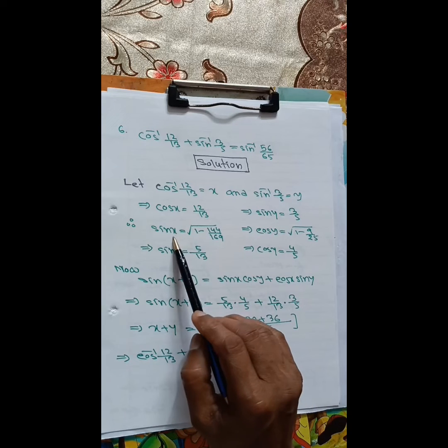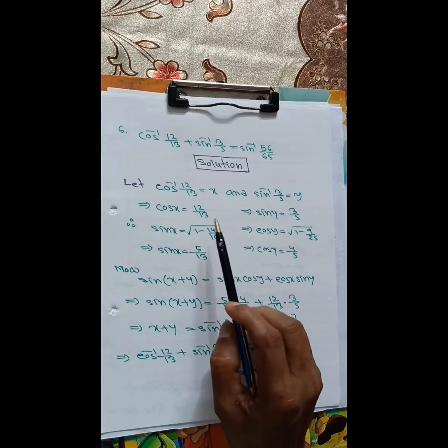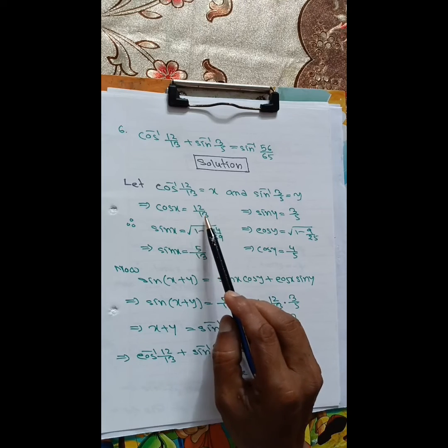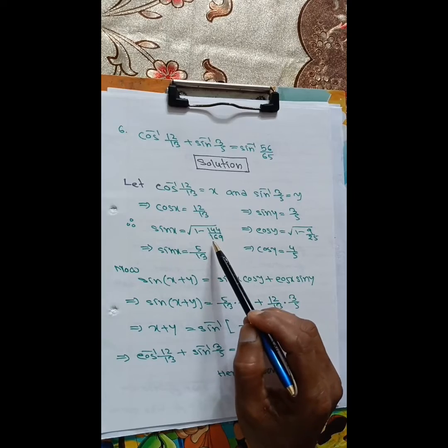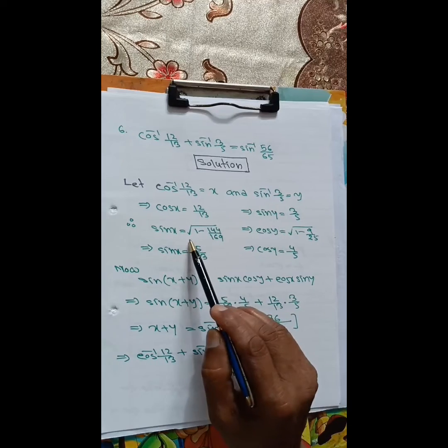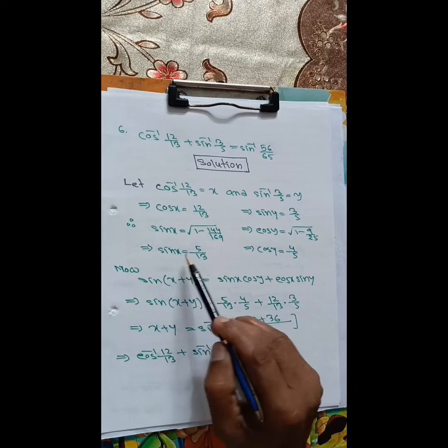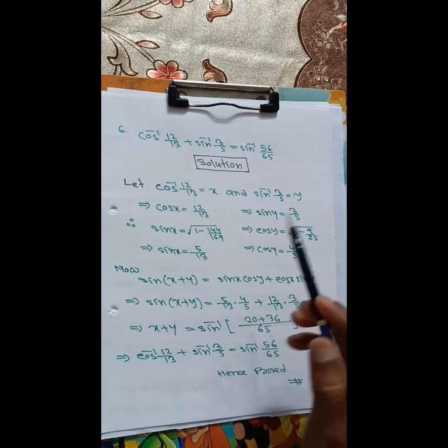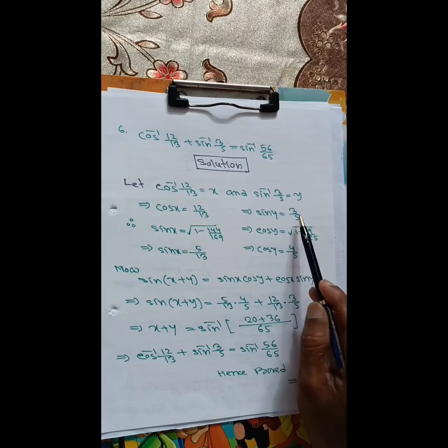Now we write sin x equal to root of 1 minus cos square x. The value of cos is 12/13, its square is 144/169. Then after calculation we get 5/13. That means sin x is equal to 5/13. In this case also sin y is 3/5.